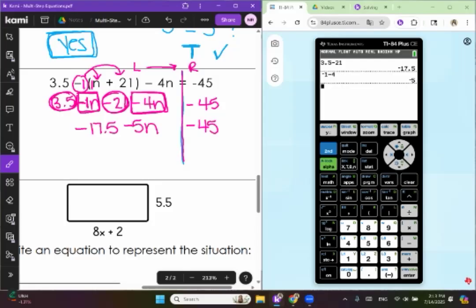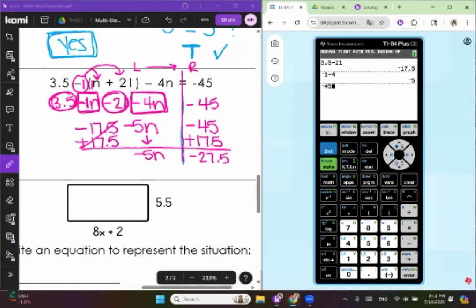Okay. Question 4. We're skipping question 3 today. It's question 4. Is there a constant? Yes. The negative 17.5, minus changes to a plus. Bring down the negative 5n, negative 45 plus 17.5, negative 27.5.